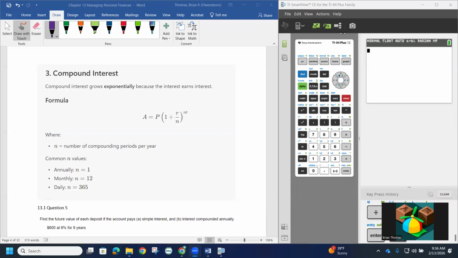As we move a little bit further into managing personal finances, another thing we will come across, which is more common, is what we call compounding interest. Compound interest grows exponentially because interest earns interest.